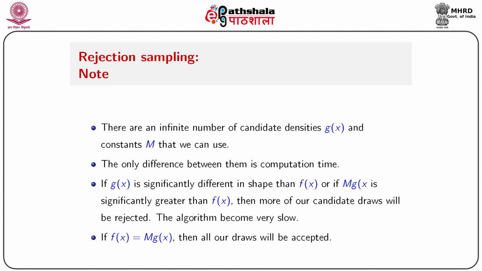The algorithm becomes very slow. If f(x) equals m g(x), then all our draws will be accepted. So we have to find an m that is very close to this equality. It may not be equal, but it should be quite close to this equality to get a better acceptance rate in this acceptance sampling.